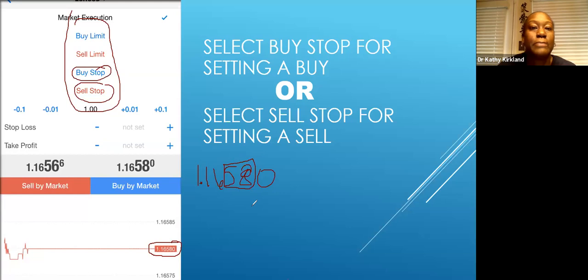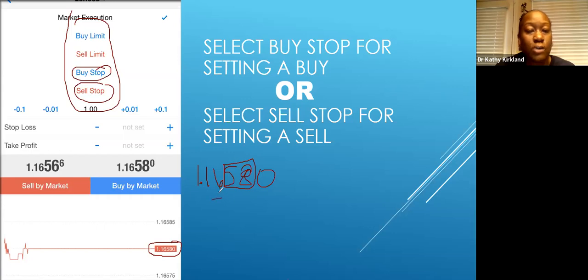You calculate those a little differently. The concept is still the same, just where you calculate on the number changes. I will try to go over some of those at the end if you all ask me about them. But regular pairs use the third and the fourth number behind the decimal place.